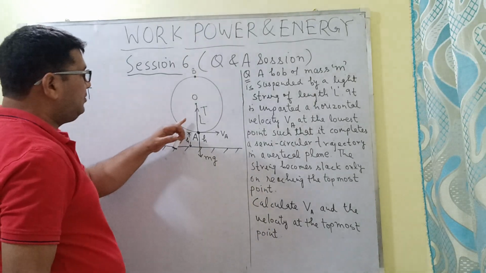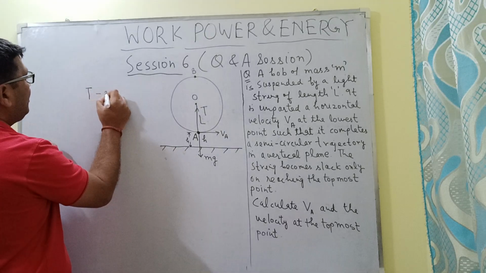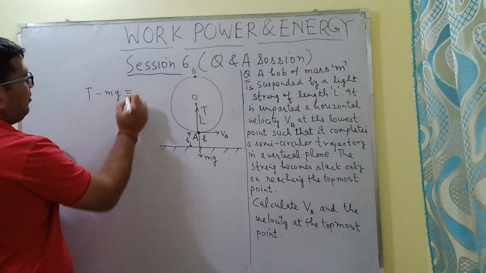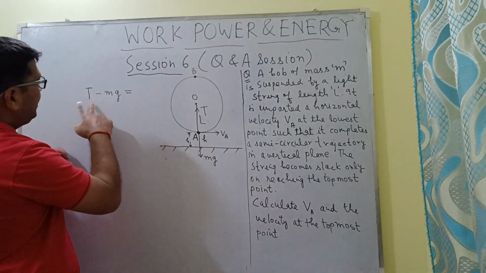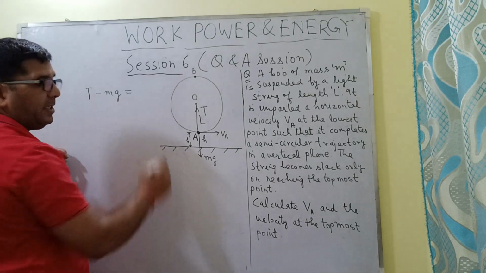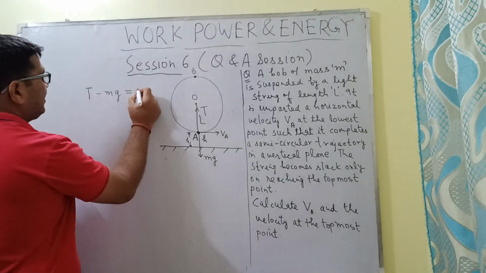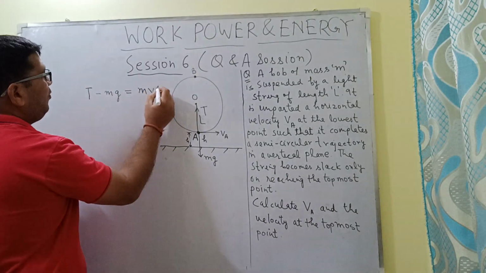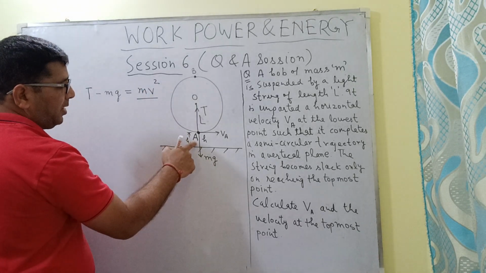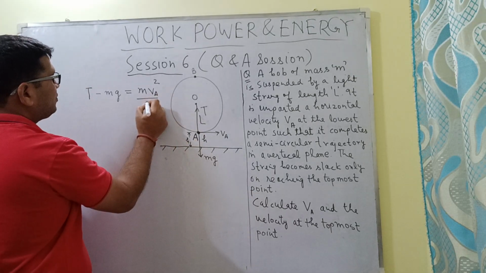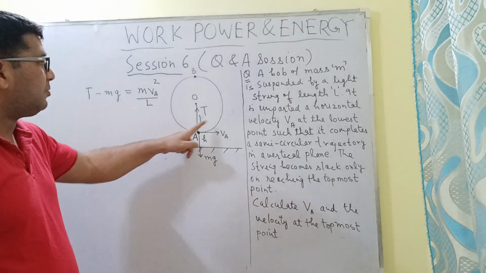So the net force which will be acting in the upward direction will be equal to T minus mg, and this upward force, that is T minus mg, will be providing the necessary centripetal force for this bob to complete the semicircular trajectory, and this centripetal force will be equal to mv squared by r. Here the velocity of the bob is vA, so this will be equal to m vA squared by L, where L is the radius. So in this case, the radius will be equal to the length of the string.